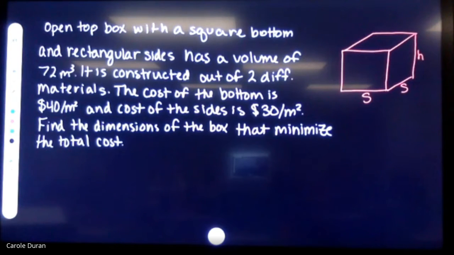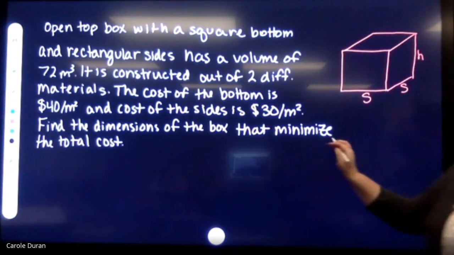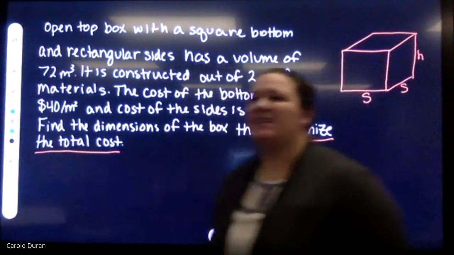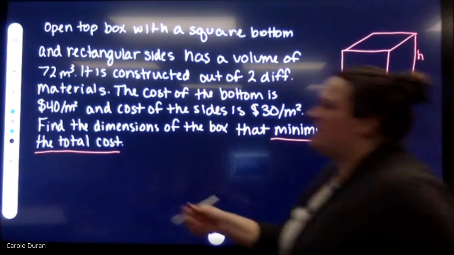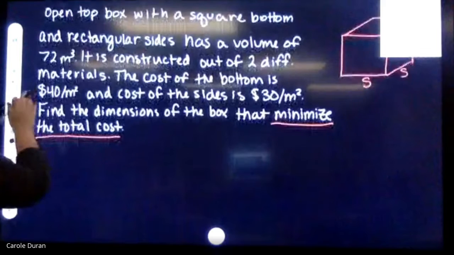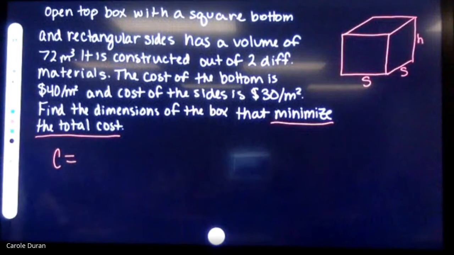What am I trying to optimize in this problem? The cost. Which means I need to have an equation that calculates that cost. So of course my equation is going to be C equals something, because cost.